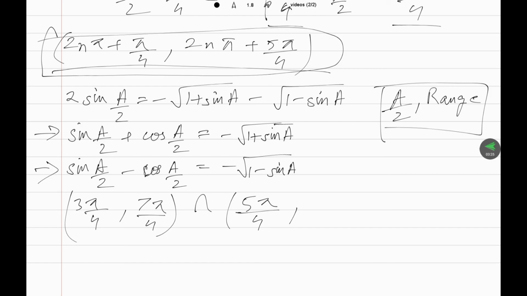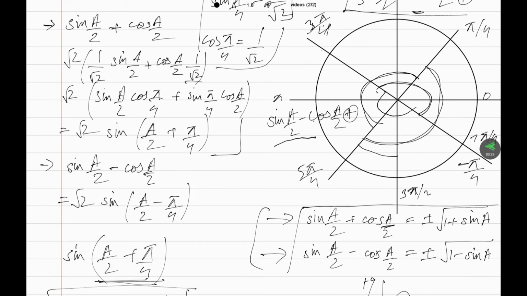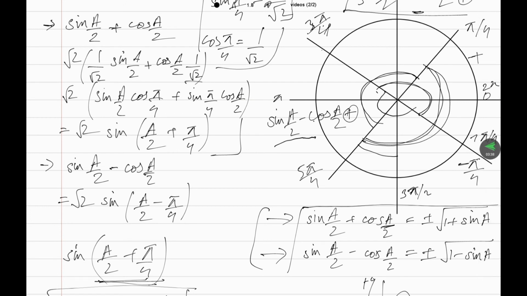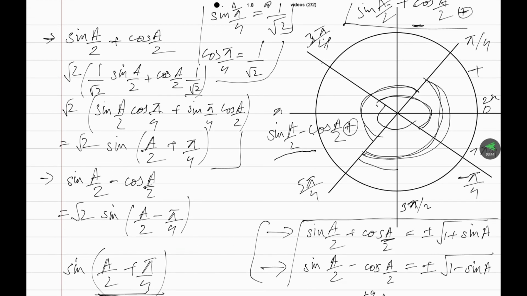Pi over 4 is this region. From 5 pi over 4 to this region will be basically 2 pi plus pi over 4, that is 9 pi over 4, but we have to take the intersection, that's why we have to take the region common to both, which will be this region.